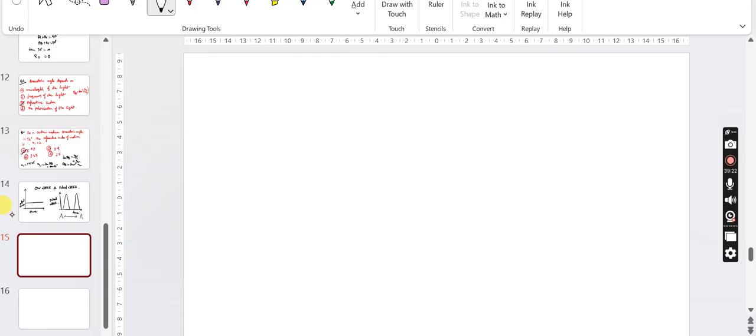But in the pulse laser, we can achieve higher output power than the CW laser, but it is not continuous, it is in pulse mode.